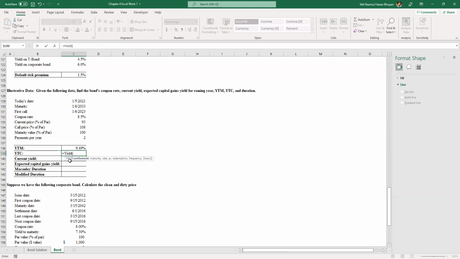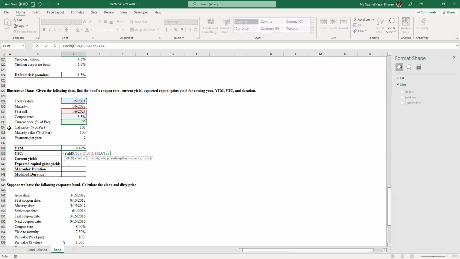Okay, now yield to call. Whenever we calculate yield to call, we are going to assume that the issuer will retire the bond on the first call date. So that means this is the date at which we now assume that our bond will mature. So okay, our settlement date, the date at which we invest, and now we are calculating yield to call. So we are assuming that the bond will mature on the first call date. Next, our rate, and then current market price as a percentage of par, and then redemption value.